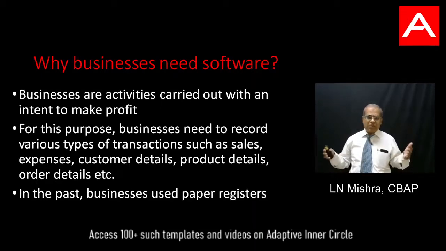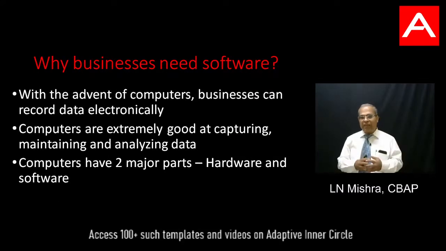So it needs to capture and record a lot of information for managing itself. And in the past, businesses used paper registers. Even if you go to some of the older institutions, you will find these paper forms, paper registers being used.